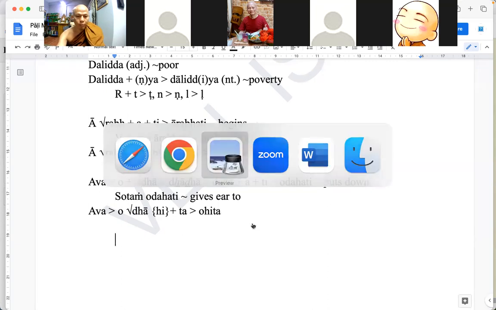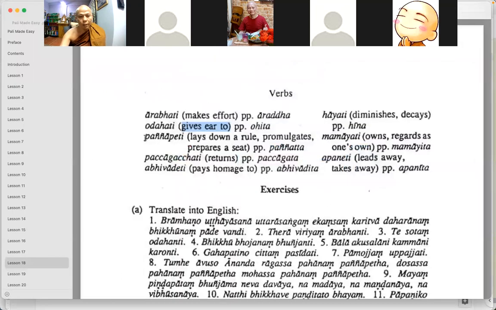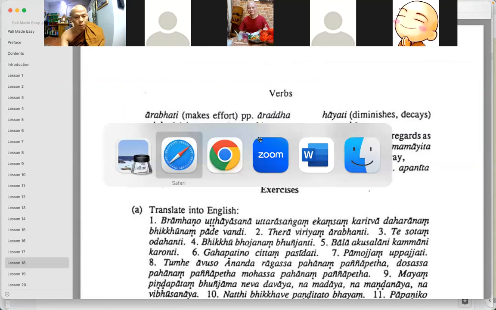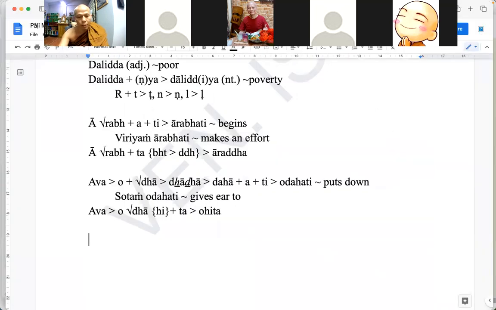Okay, another one. Pannapeti. Pannapeti means lays down a rule, promulgates, or prepares a seat. So pannapeti has the prefix pa, the root is na, the suffix is ape, and then ti.